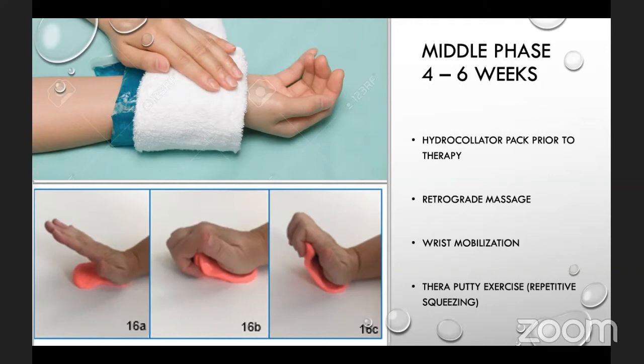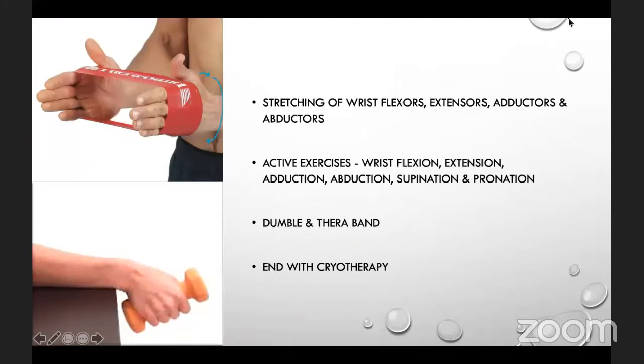Then slowly we started some wrist flexors, extensors, adduction, abduction, supination, and pronation, all these in active mode. I gave him some dumbbell and TheraBand to do some exercises, and then we came into the late phase, that was 6 to 12 weeks.